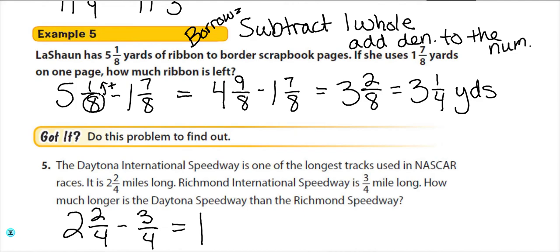So I'm going to take 4 plus 2, which is going to be 6 over 4, then minus 3/4. Okay, now I'm ready to go. So I have 1 minus 0, which is 1, 6 minus 3, which is 3, and then, of course, 4. So it's 1 3/4. And that's, I guess, miles.